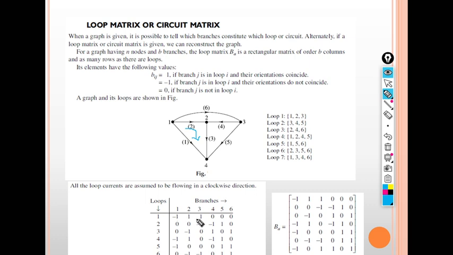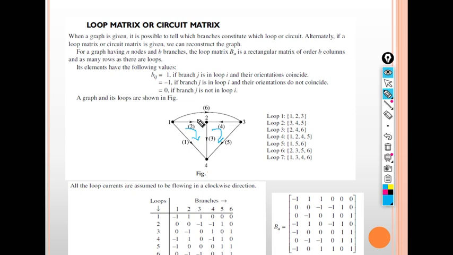Similarly, if I take the loop 3 4 5, I am again taking the clockwise direction. So what am I getting? Branch 3 is opposite, so it is -1, and branch 4 is also opposite to the loop direction, so it is also -1, so -1 -1 +1.